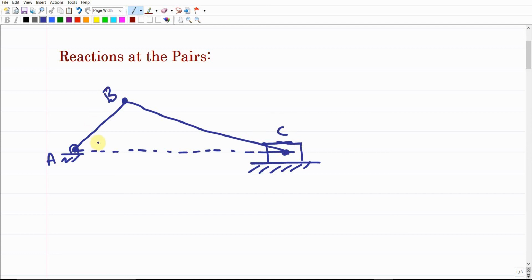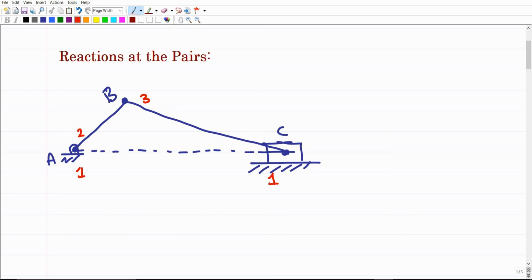And this definitely is the first link. As usual, this is the ground, which is link 1, and we have link 2 in addition to link 3. So for this slider crank mechanism, if we decide to do force analysis, we have to break it down, as we used to do from the static class.